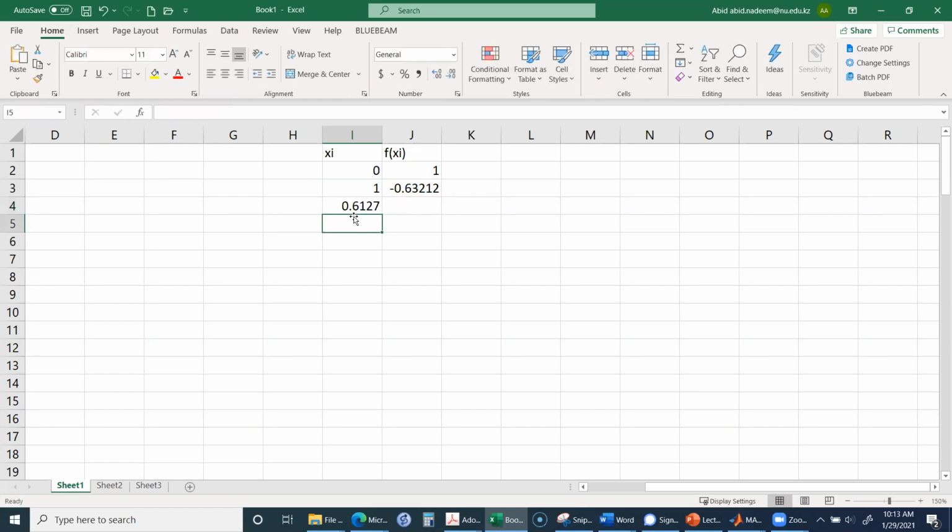So 0.6127. So now I have applied the formulation correctly.